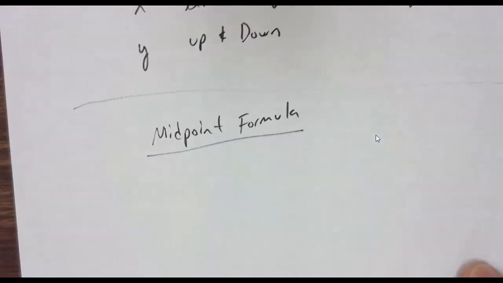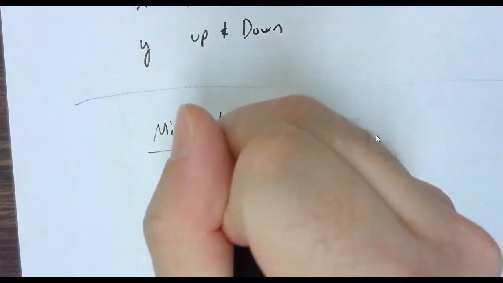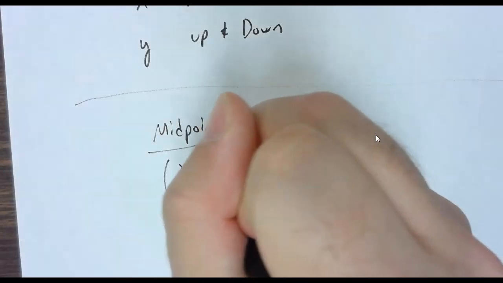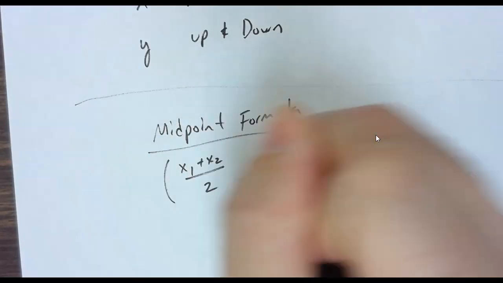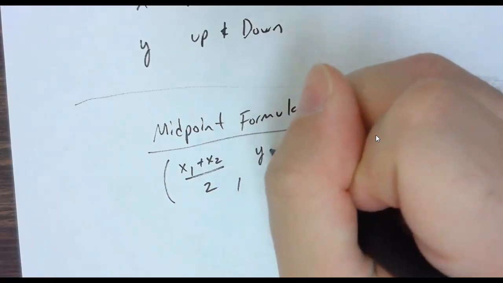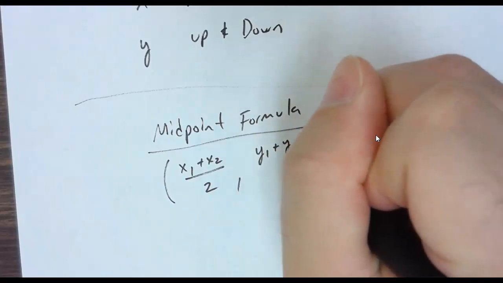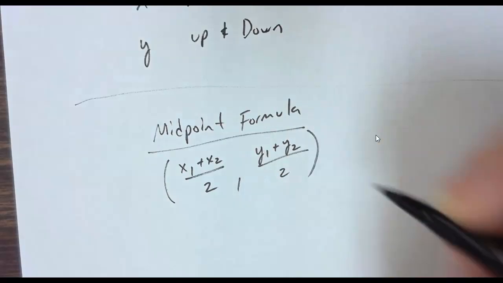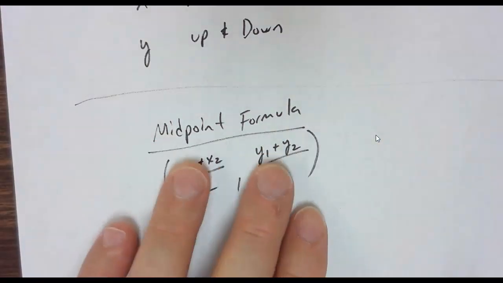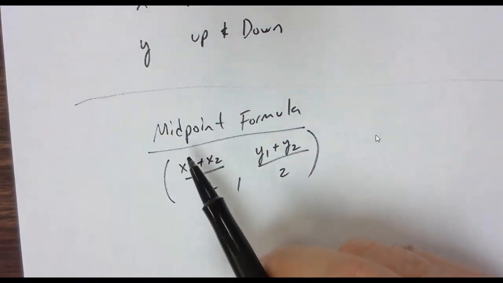So let's write the midpoint formula down. It says we're going to average out the x's, then average out the y's. Remember, it's giving you 2 points here, and we're looking for the midpoint between those two. And that's all you're doing, really.